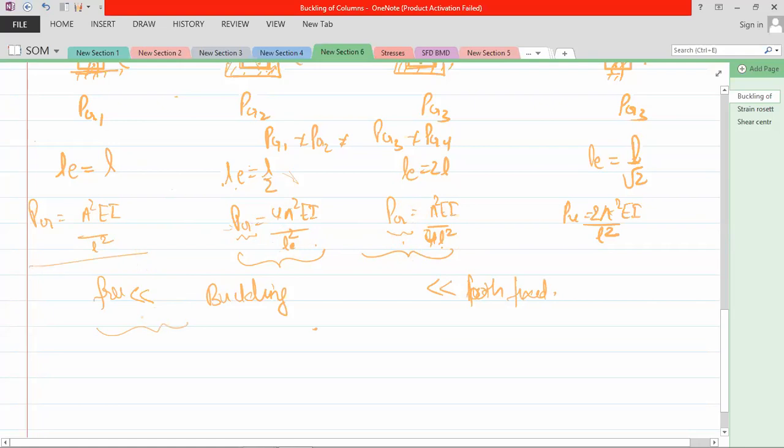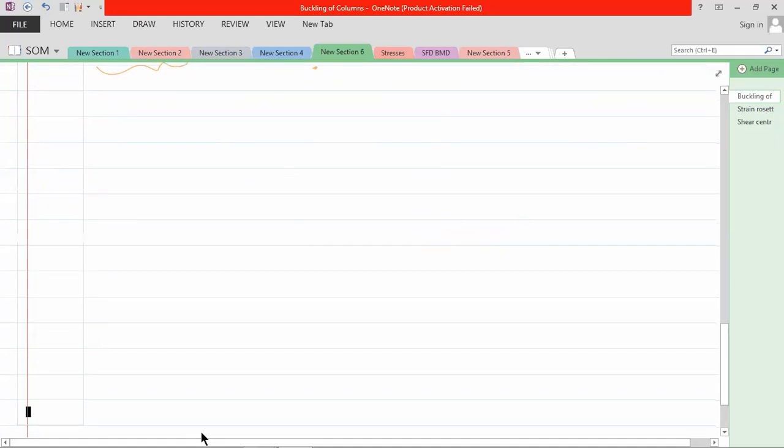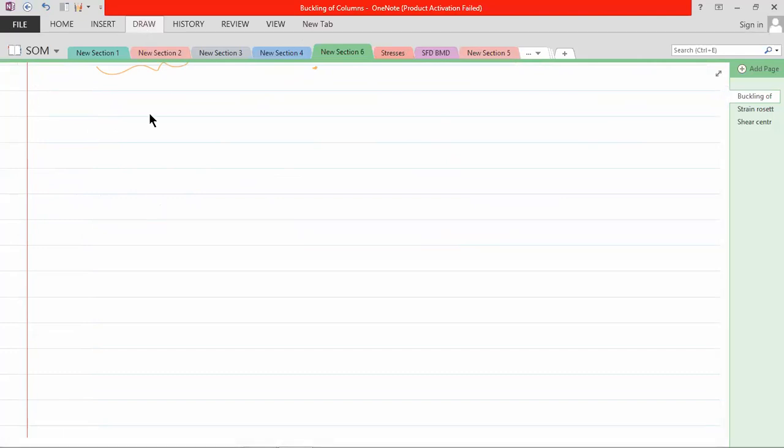Now, a few things that I want you to remember, or you can just go with it. First of all, just an application of the formula. Now suppose you have a column, I'm just drawing a figure.